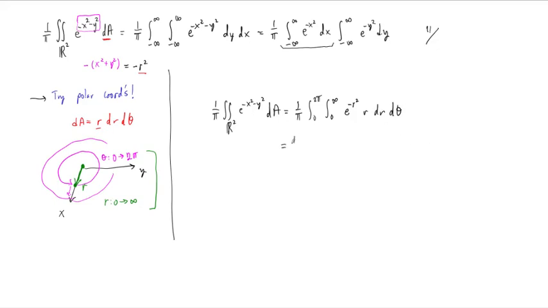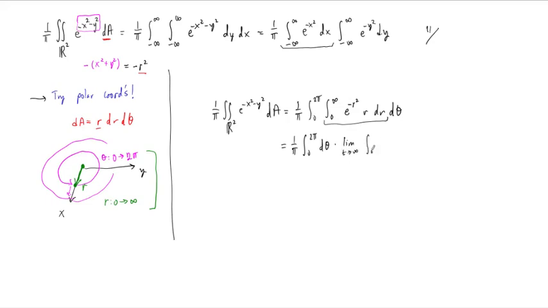And this whole thing can be broken up now into 1 over pi. It's separable. The theta integral is just 0 to 2 pi of 1 d theta. And then this integral is improper, the r integral. But that improper integral, let's treat it properly.